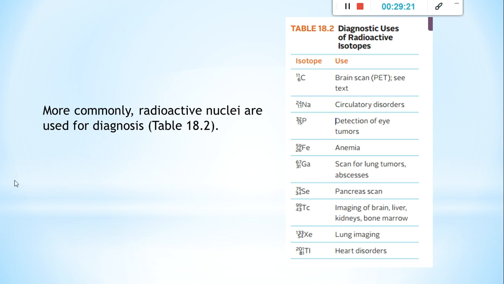There are also other radioactive nuclei that are used for diagnostics, as shown in table 18.2.